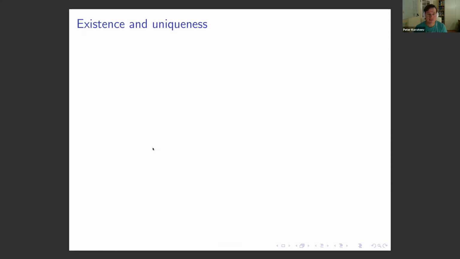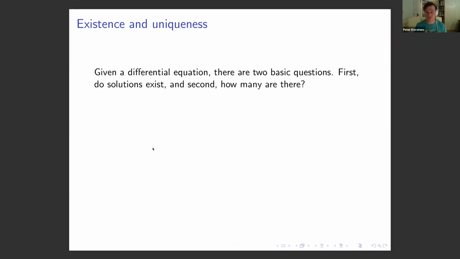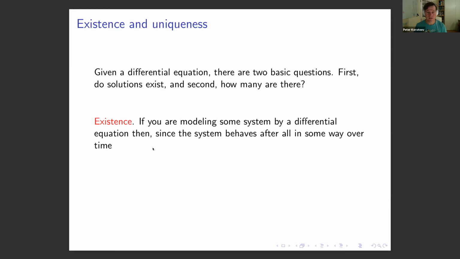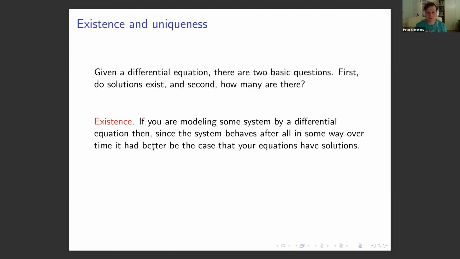Let's talk about existence and uniqueness. Given a differential equation, there are two basic questions. First, do solutions exist? And second, how many solutions are there? Let's first talk about existence. If you're modeling some system by a differential equation, then since the system behaves, after all, in some way over time, it had better be the case that the solution exists.